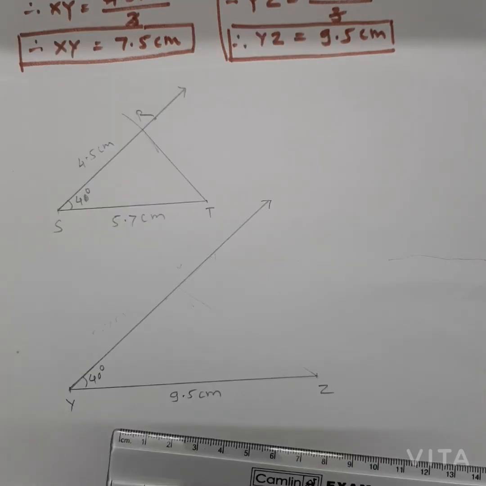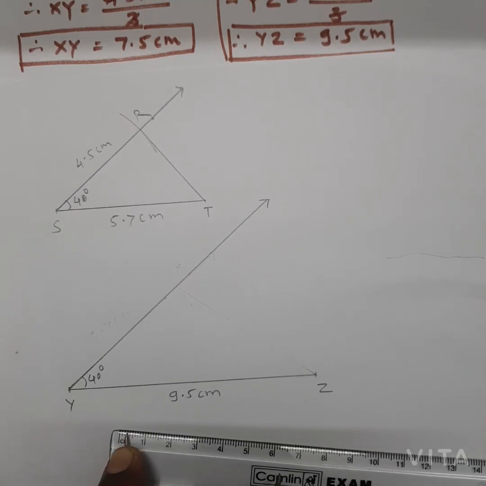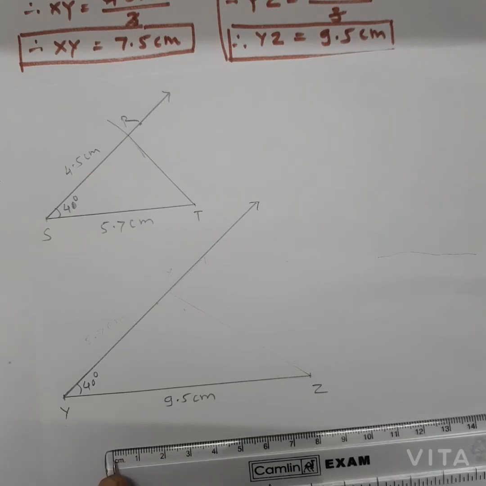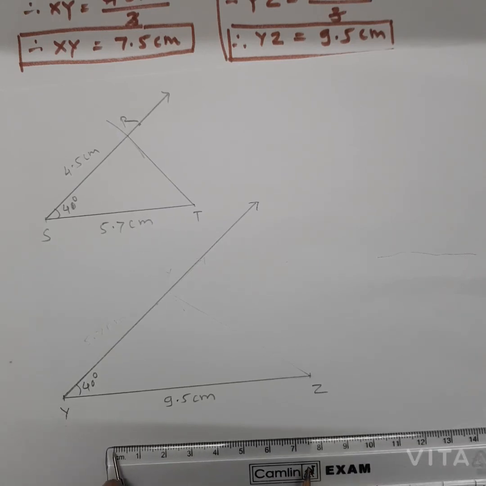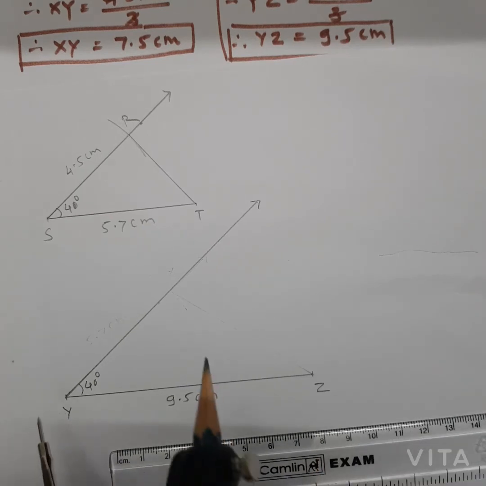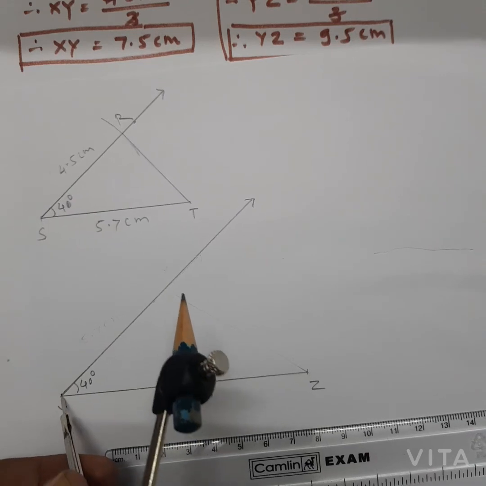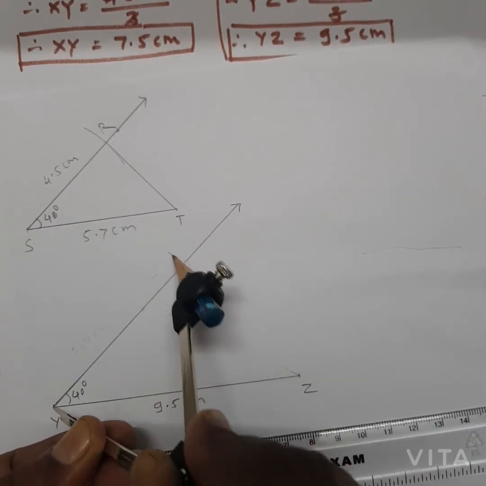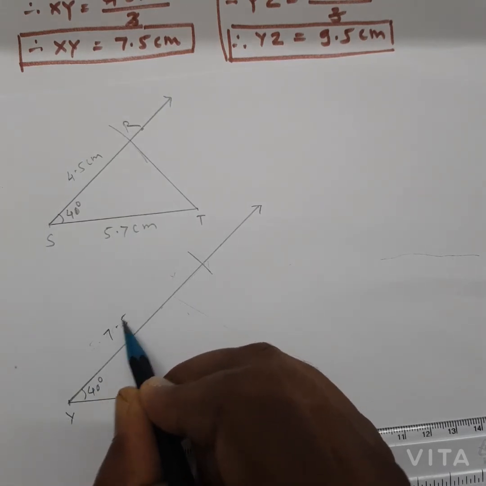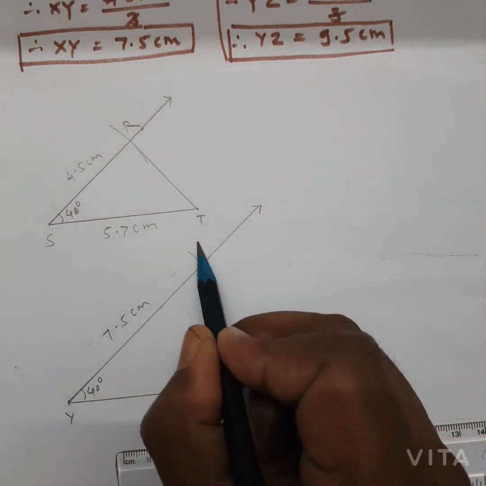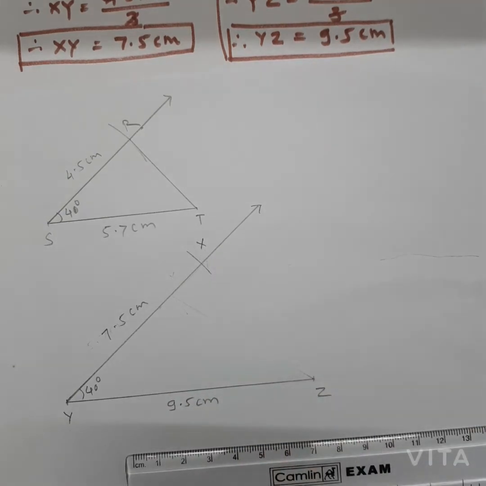We will take a distance of 7.5 centimeter in the compass. Draw an arc at a distance of 7.5 centimeter from Y. Give the name X to this point.